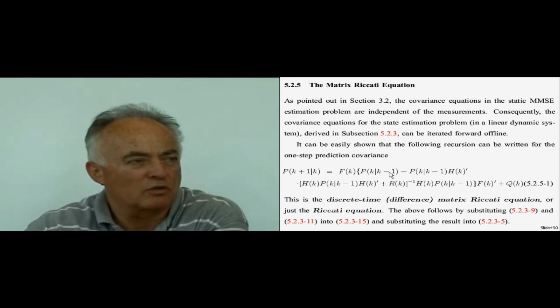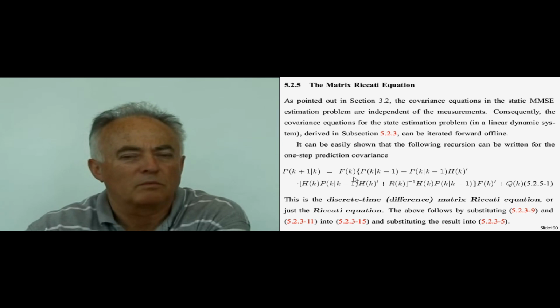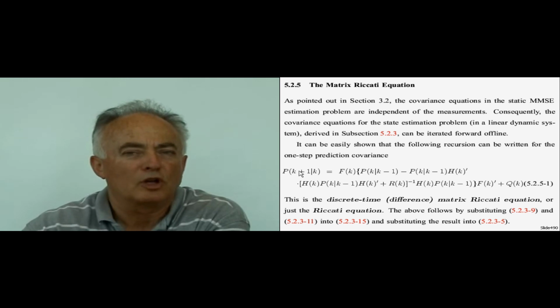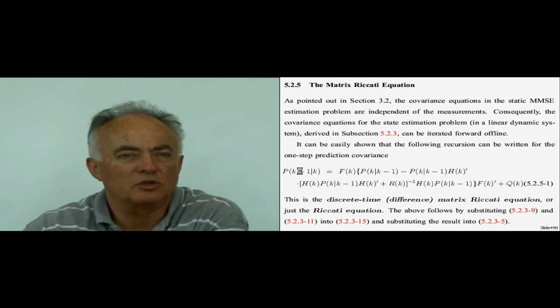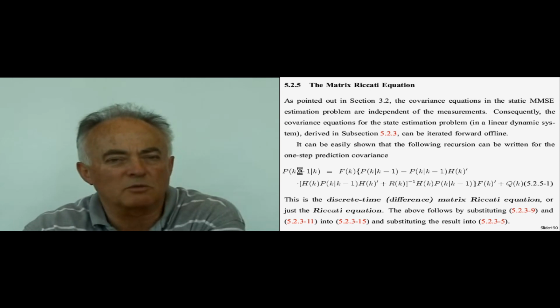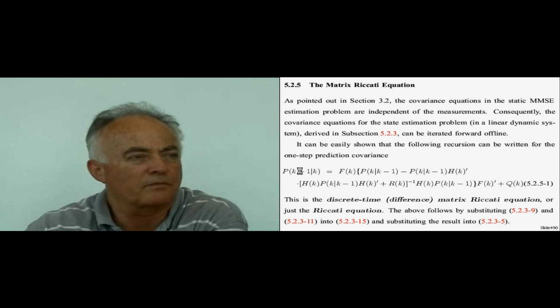Instead of an updated covariance in terms of the previous updated covariance, it's more convenient to write a recursion of the prediction covariance in terms of the previous prediction covariance.